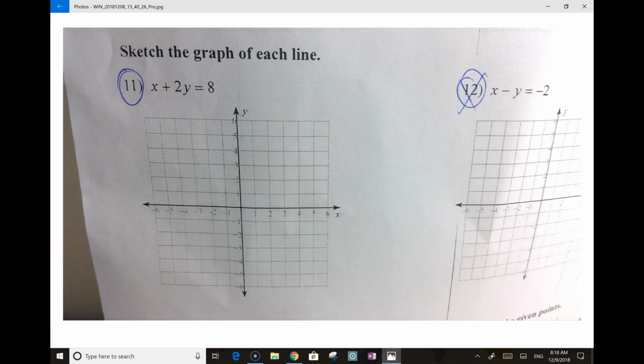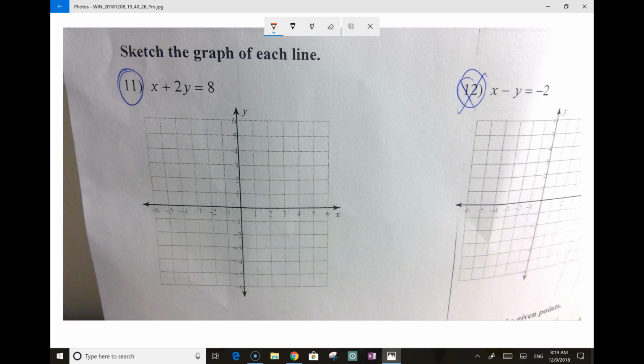So from here, we're going to just look at a bunch of random questions pertaining to other Algebra 1A topics and categories. Here, we're going to sketch a graph of a line. In order to do this, you have to understand that the forms of the equations for lines can be one of three things.